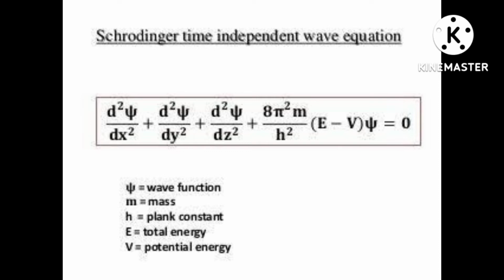Here again I want to tell you, actually there are 4 quantum numbers, not only 3. The fourth is called the spin quantum number. Then what is actually a quantum number?